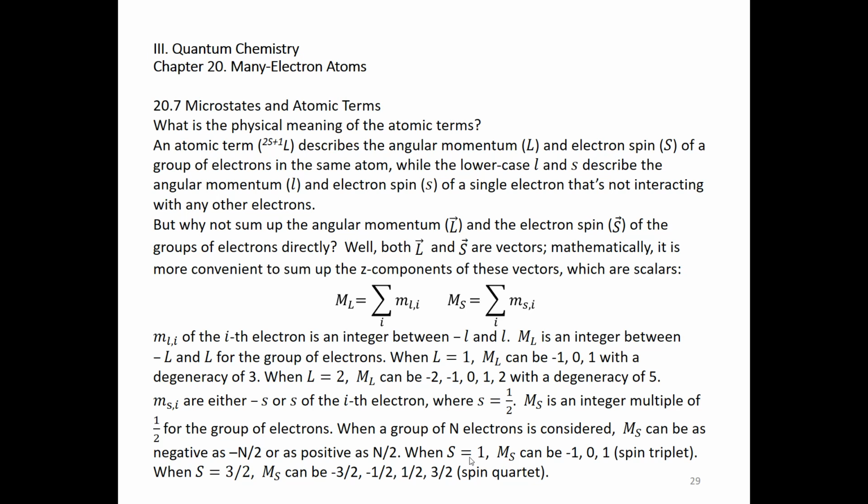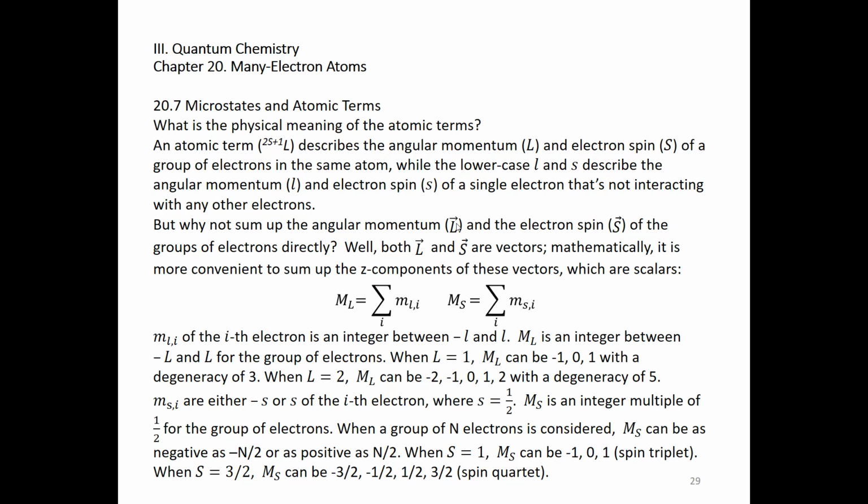But why don't we look at this L vector and S vector directly? Why did we look at M sub S and M sub L? Well, it's hard to sum up vectors. When you sum up vectors, you need to consider their Z, X, and Y components, and sum those 3 components separately.